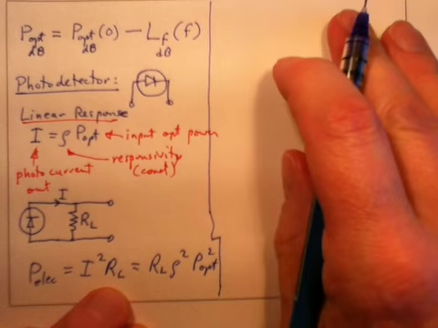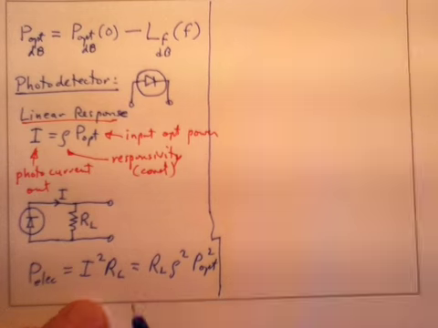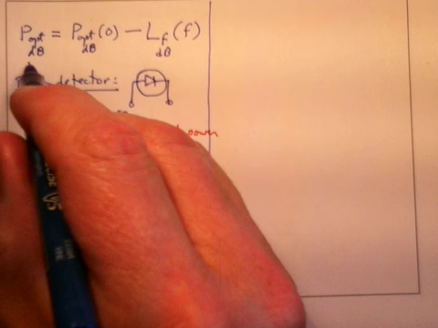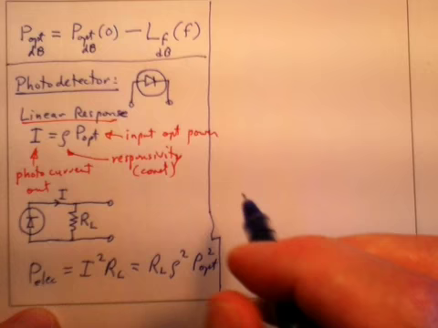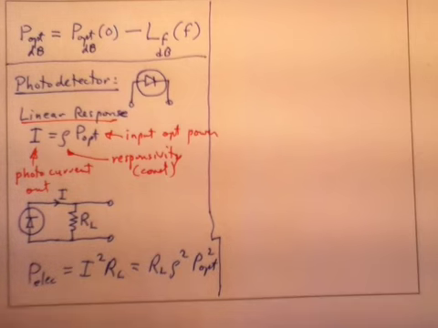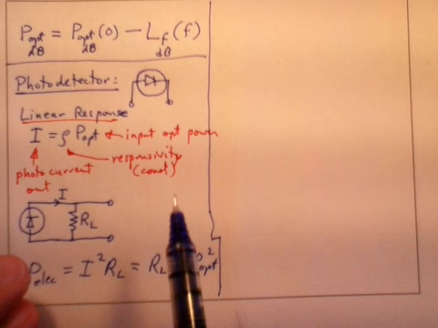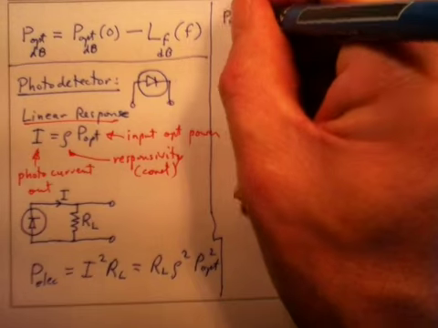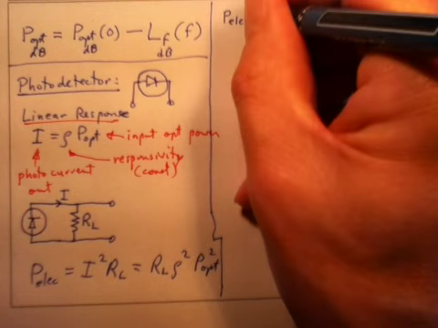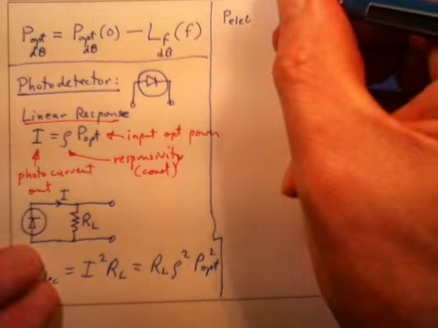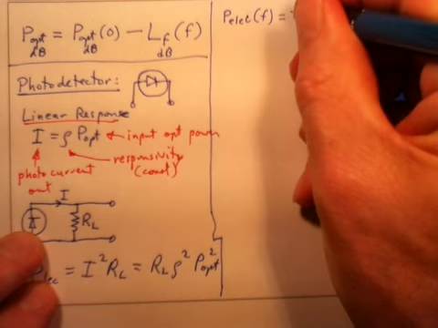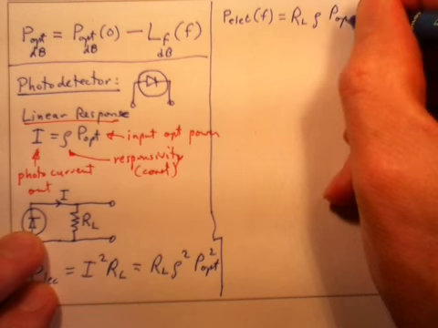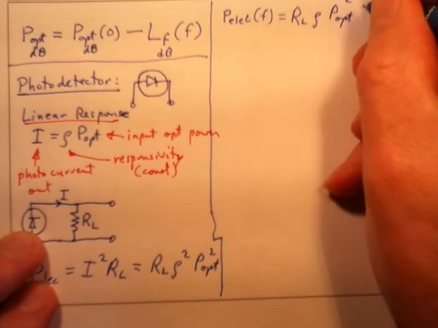We're going to break this out the same way we did up here, as a frequency dependent part. Now here I'm dealing with linear variables; up here I've got decibels. So I'm working in linear variables now, where I'm going to write P electric as a function of f as R_L rho squared P optical squared as a function of f.